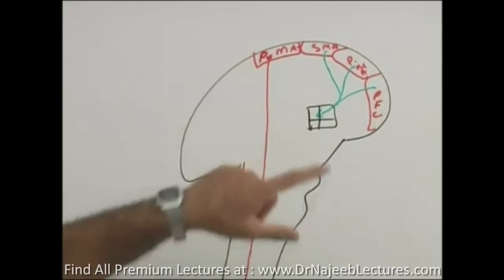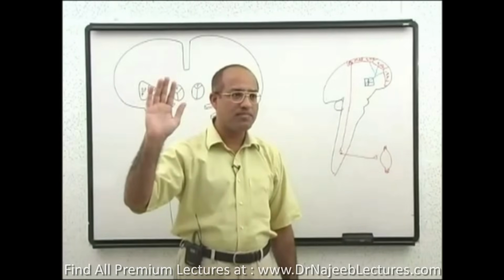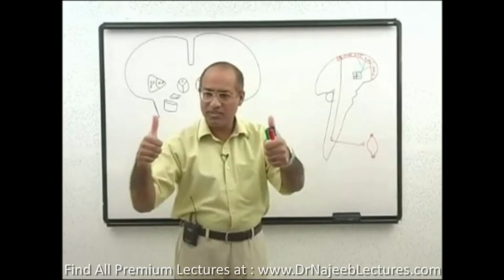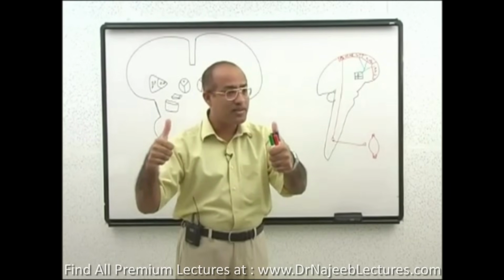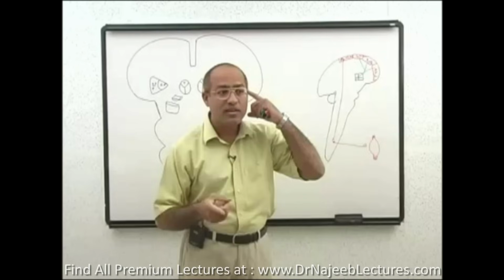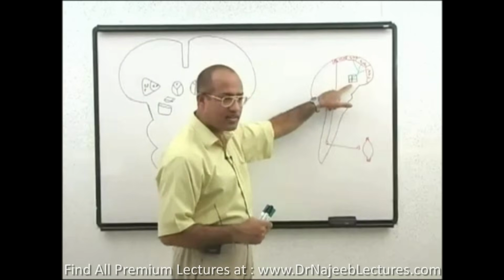Listen, if I want to wave my hand, it's a different motor program, right? And if I want to show you double thumbs, it's a different motor program. Now these programs are stored wherein? Basal ganglia. So the thought process should come to the basal ganglia, right?